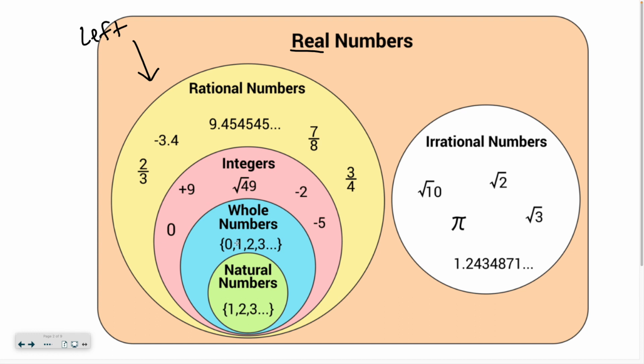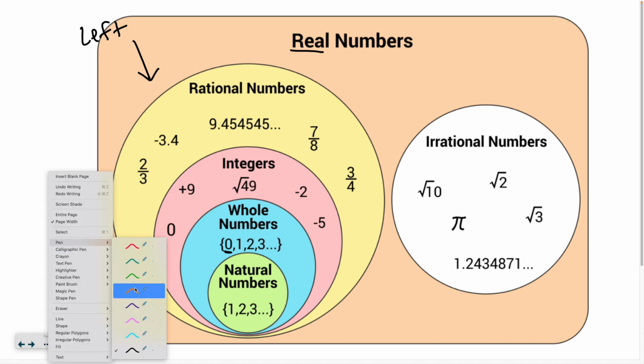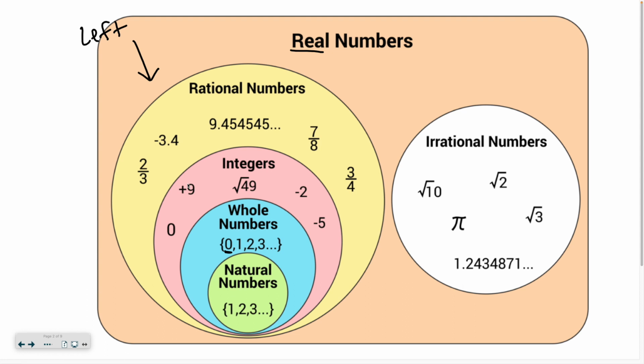Then there's something called whole numbers, which is the exact same thing as natural numbers, except it also includes the number 0. So you can see 0 was added to the list. Whole numbers include the number 0. Then, if we keep moving our way out, now we're into that integers circle. With the integers, now we have the positives and negatives.